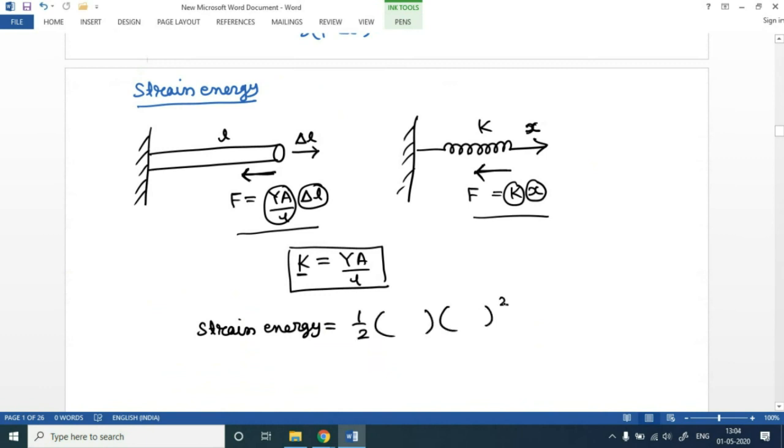The value of k is nothing but YA by L, and the elongation is delta L square. So that is the strain energy, or you can simply say delta U.